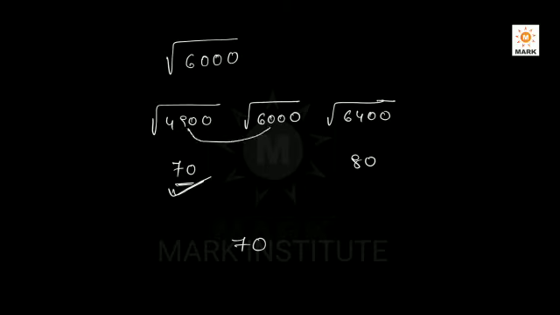What is the difference between 4900 and 6000? It is 1100, divided by double of 70, which is 140. So your answer will be 70 55 by 7, which gives you somewhere around 70 plus 7.5.